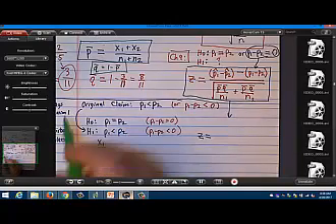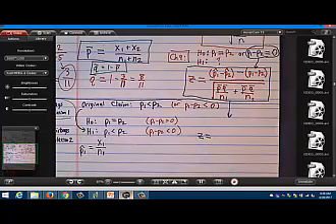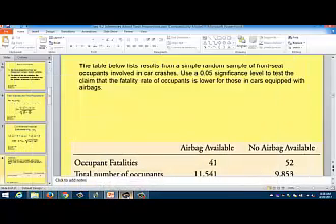Again, 1 is the population with airbags. Do we have x and n for the population of the airbags? Yeah, 41 is definitely x1. That's the number that were killed, right?